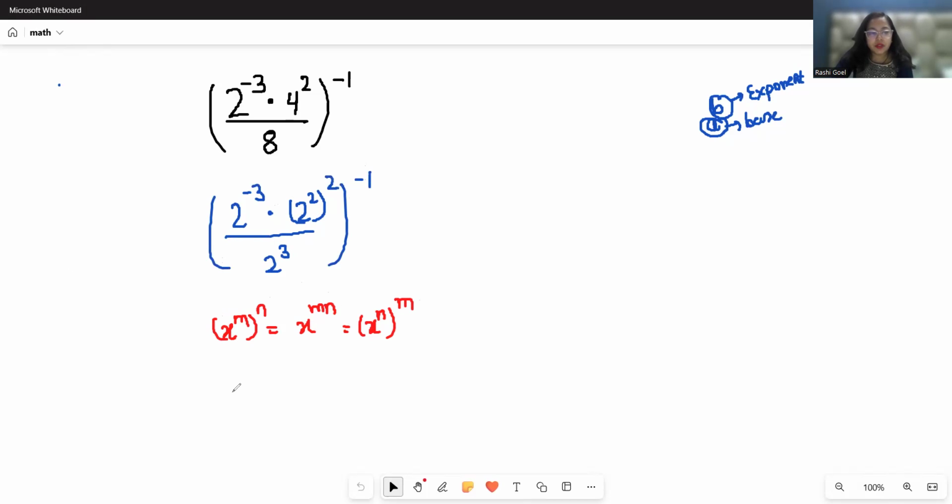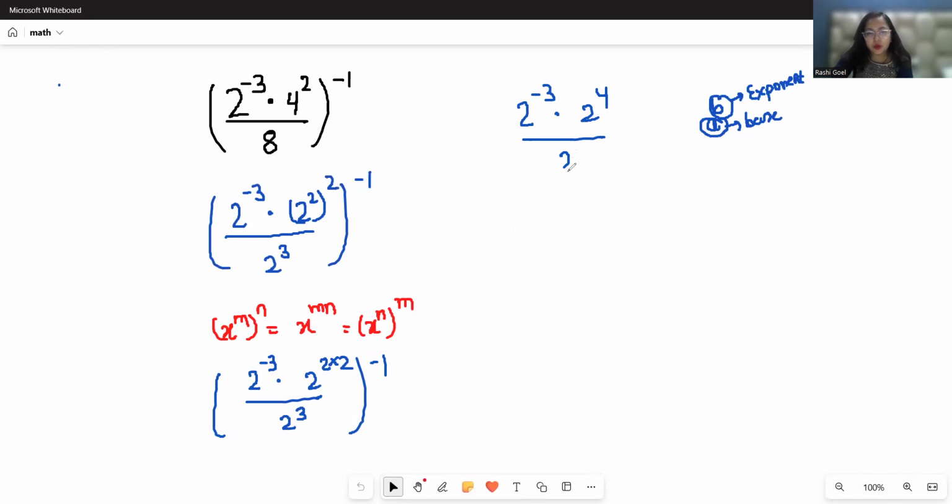So it becomes 2 power minus 3 times 2 power 2 times 2 by 2 power 3, whole power minus 1. So 2 power minus 3 times 2 power 4 by 2 power 3, whole power minus 1.